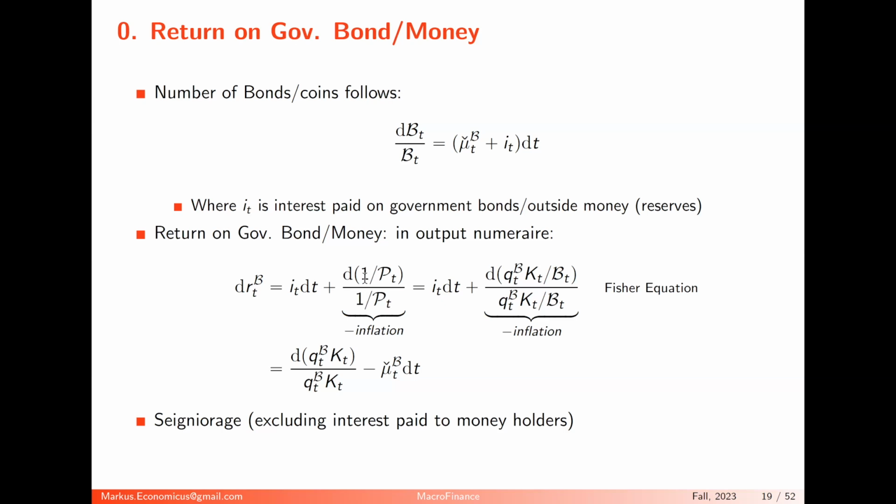Now the change in the price level, I can just replace with this thing here. I used the QB notation and put it back in here. That's my Fisher equation. So essentially the real return on the bond is given by this expression.